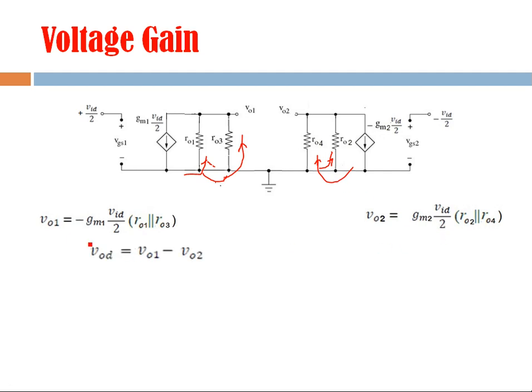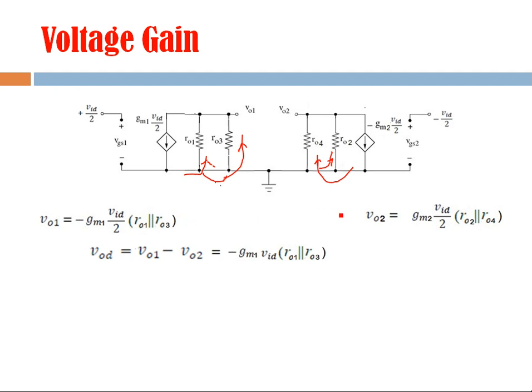Now we find out the differential output voltage, that will be VO1 minus VO2. So if you subtract this voltage from this voltage, what will you get? You see, you will get this part, right? Here we are writing R01 and R03 because R01 is equal to R02 and R03 is equal to R04, right?